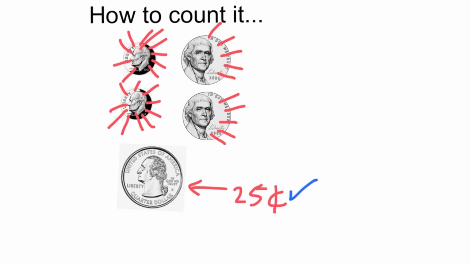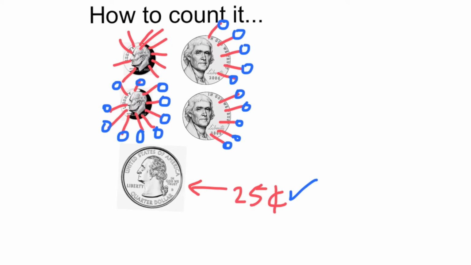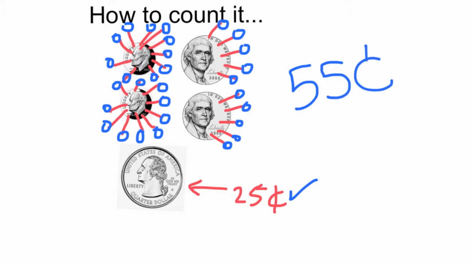So I start with 25, then I go 26, 27, 28, 29, 30, 31, 32, 33, 34, 35, 36, 37, 38, 39, 40, 41, 42, 43, 44, 45, and then 46, 47, 48, 49, 50, 51, 52, 53, 54, 55. So it looks like I have 55 cents.